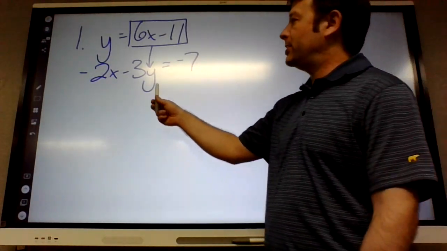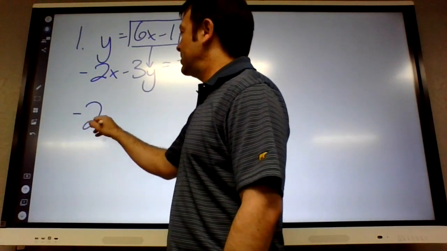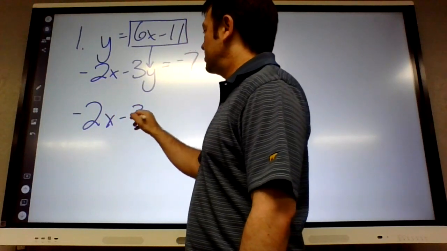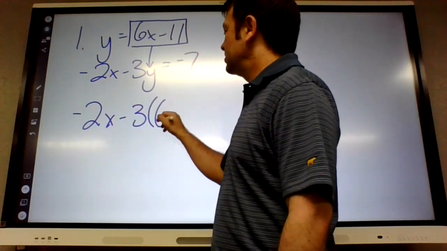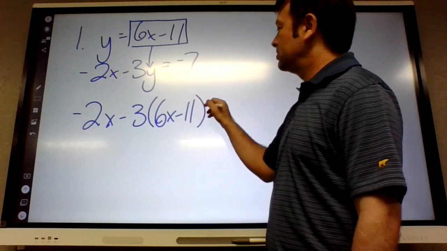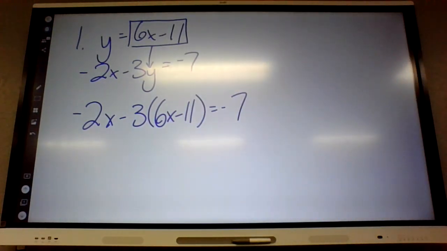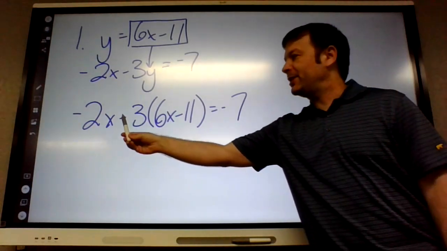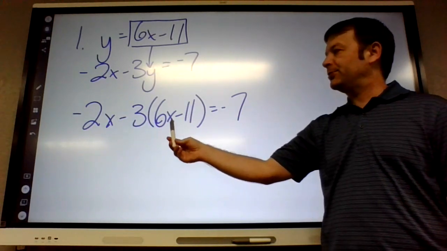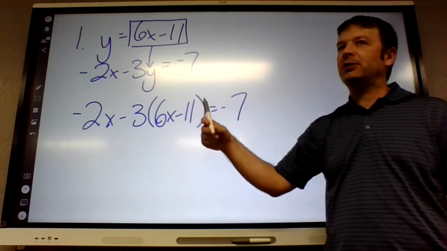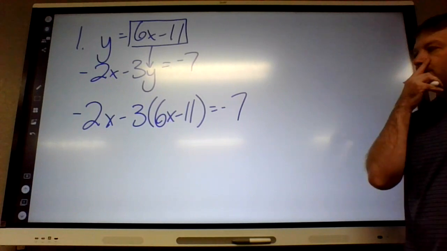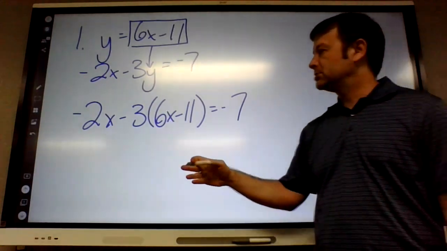So the bottom equation can be rewritten as negative 2x minus 3 times... you guys remember that? And the advantage to doing that is now we have an equation with one variable, so we can figure out what x is. We can solve one variable equations. What should I do next?